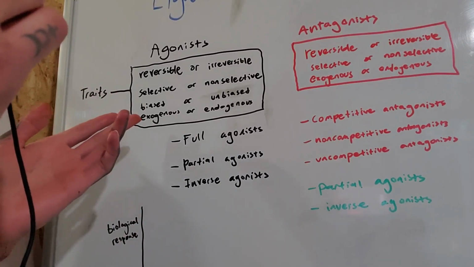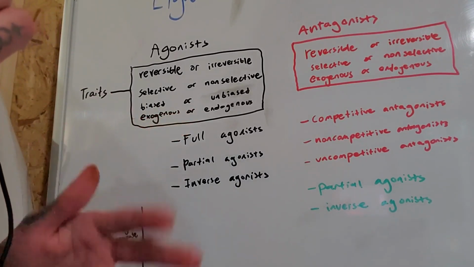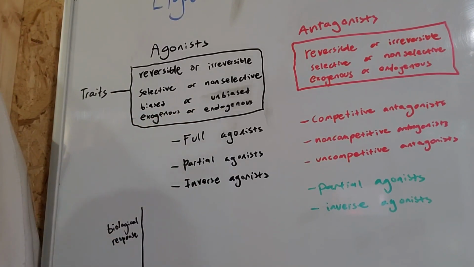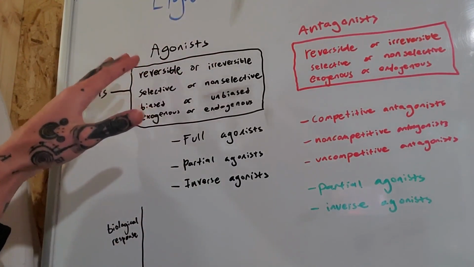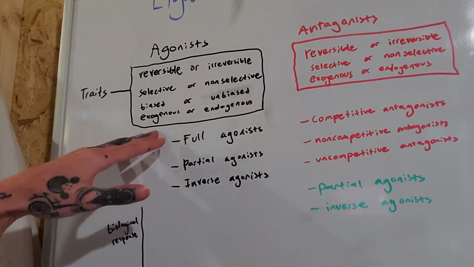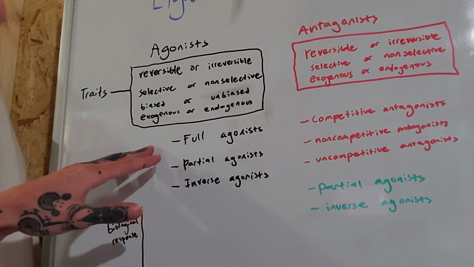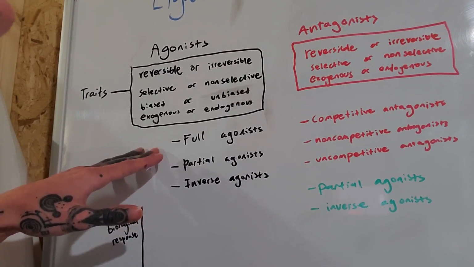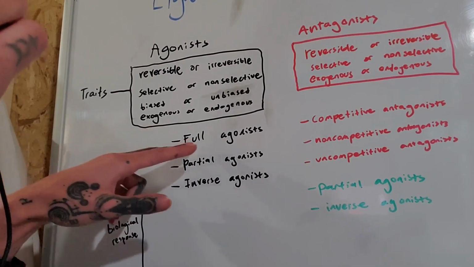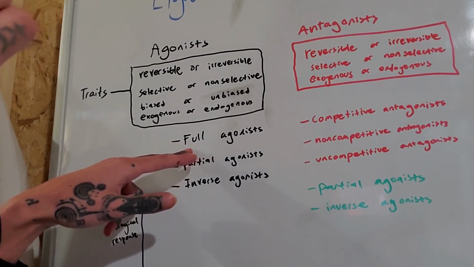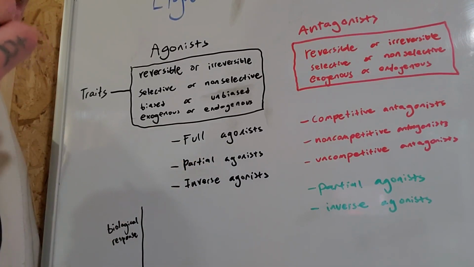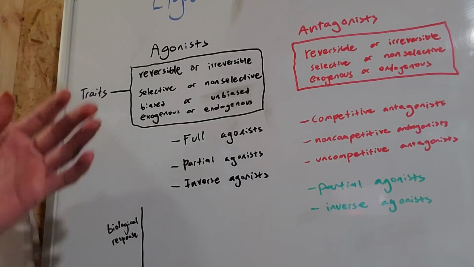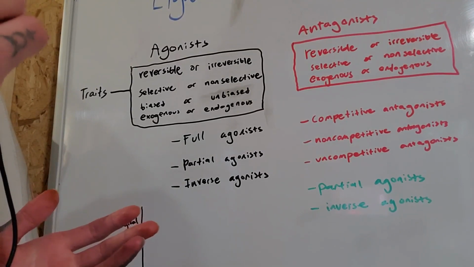And then there's exogenous versus endogenous, which I already went over. So those traits apply to all of these here. The general receptor phenotypes. We have full agonists, which elicit the full maximal biological response.